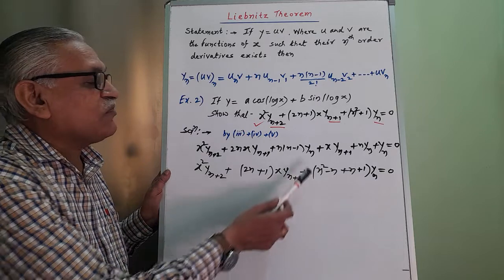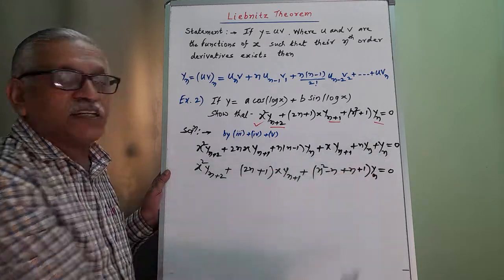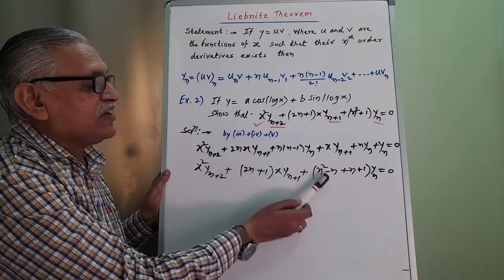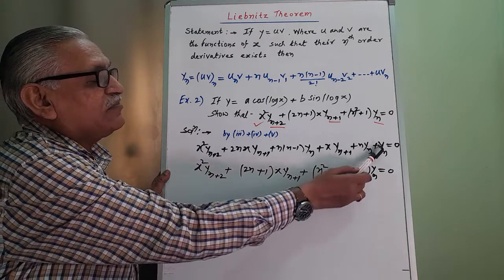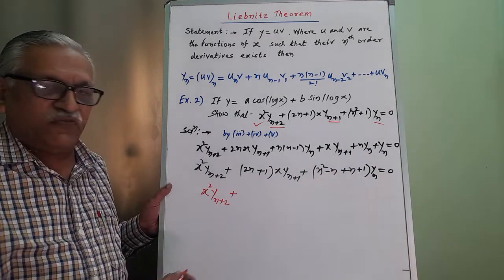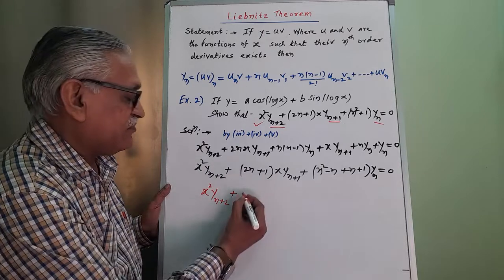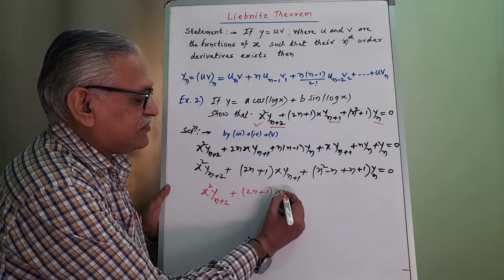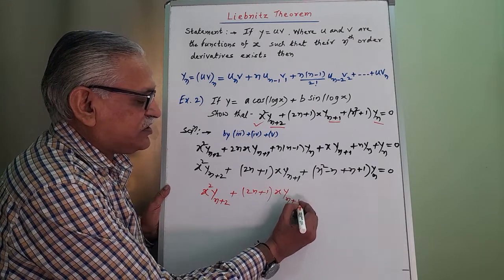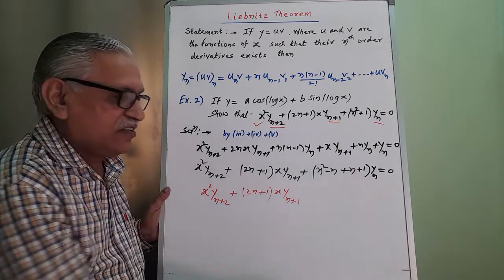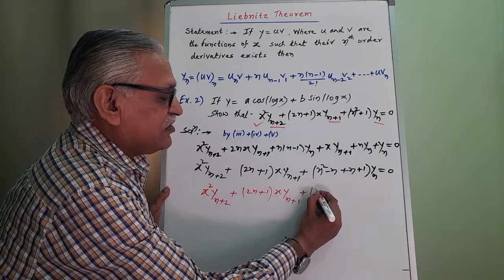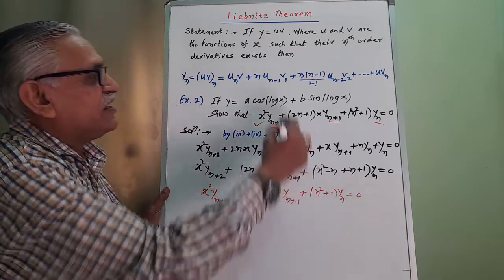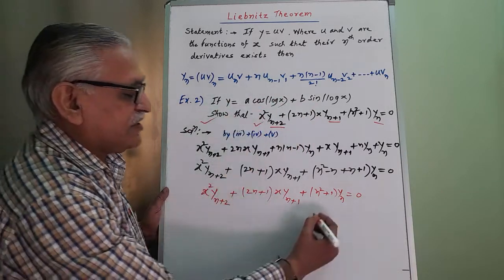Then collecting the terms of yn, 1, 2 and 3 terms of yn, taking yn common, we have n into n minus 1, that is n square minus n plus n and plus 1. And simplifying, we get x square into yn plus 2, then plus 2n plus 1 into x into yn plus 1, no change in it, and minus n plus n get cancelled. The remaining term is n square plus 1 into yn equal to 0, hence the required result, hence proved.